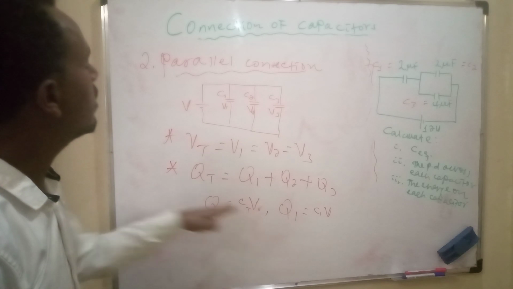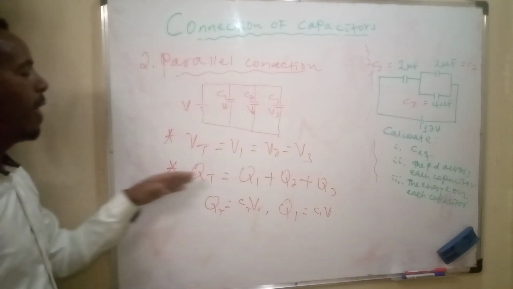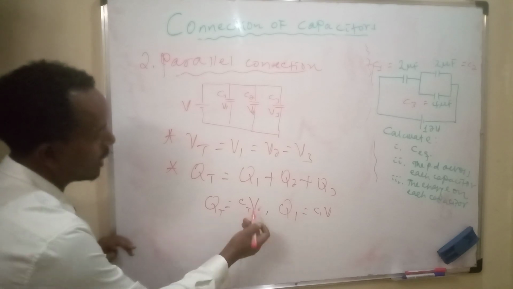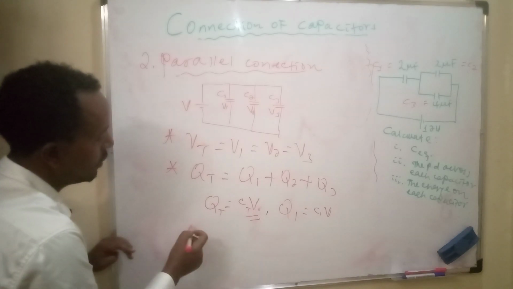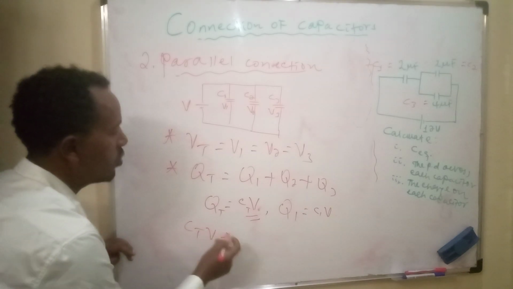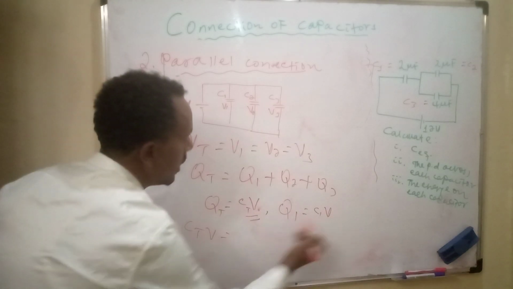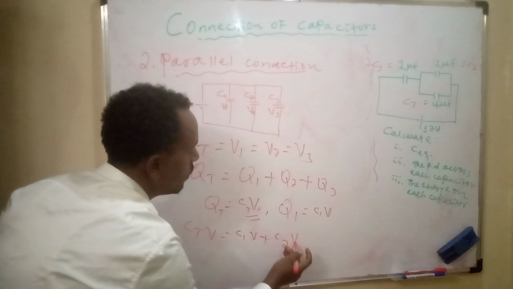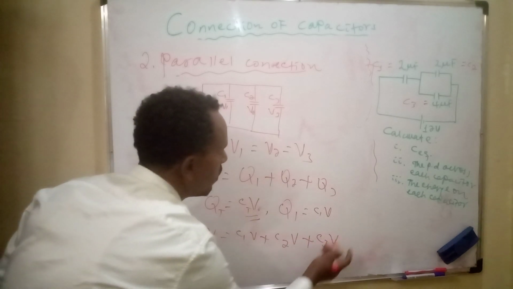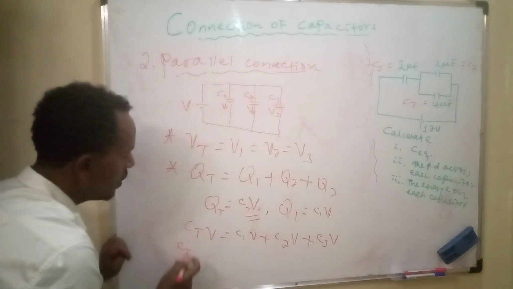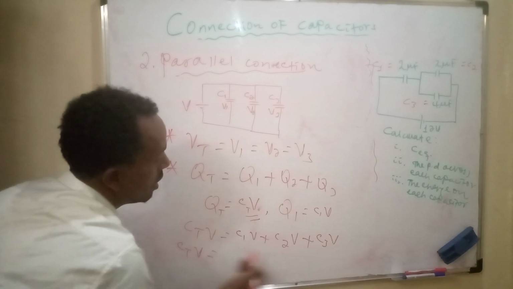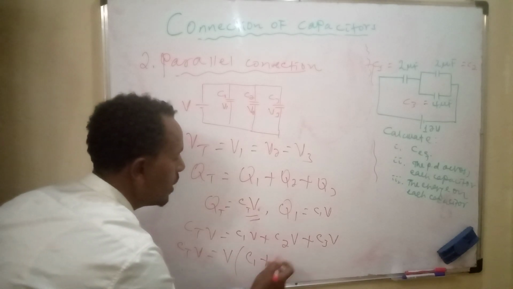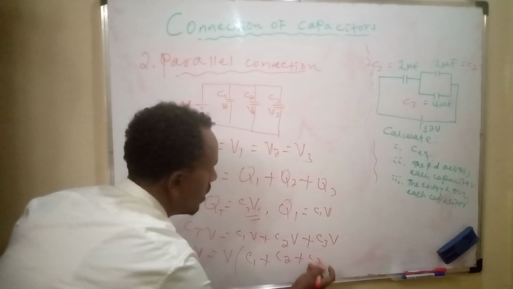Therefore, let's substitute this expression instead of charge. Charge total can be substituted by C total times V, which is equal to C1 times V plus C2 times V plus C3 times V. Therefore, C total times V, here voltage is common, V times (C1 plus C2 plus C3).